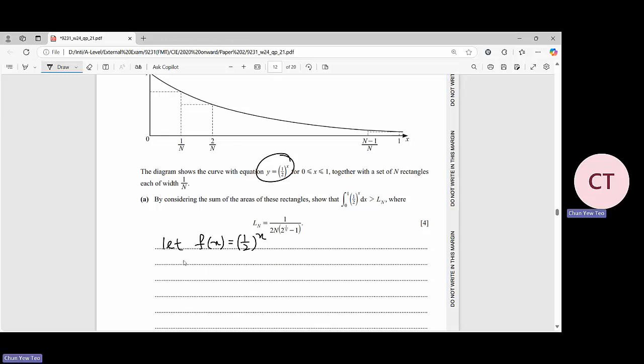Okay. Then after that, because we want the area of the integration here to be larger than the area of the rectangles, we are taking the lower rectangle here.